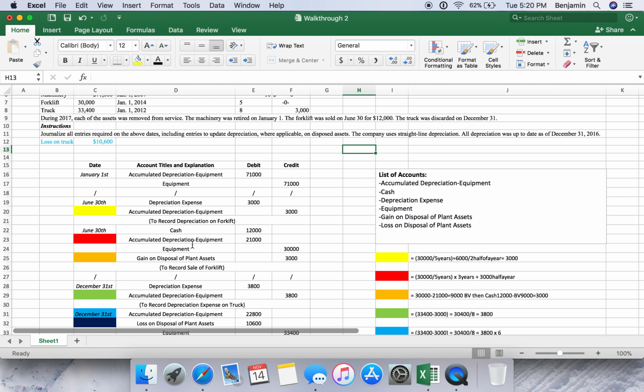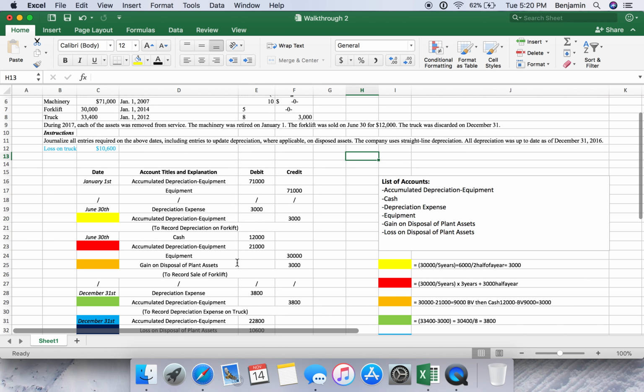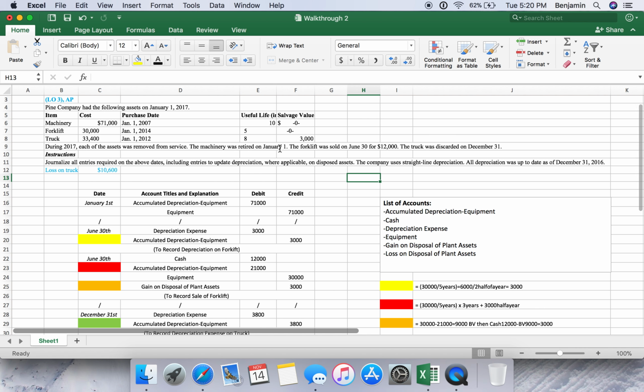The second thing we need to do is to record the sale of the forklift. The forklift was sold for $12,000, so our cash account is debited by $12,000. Then we need to figure out the accumulated depreciation total on it, using the same formula. We take the 30,000 and divide it by 5 years to find its depreciation per year.